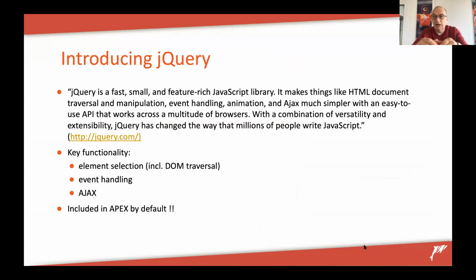For example, adding CSS with it, or adding functionality on it, click events on it, et cetera. And it's included in Apex by default, so it's already there. You don't have to do anything to get jQuery into your Apex application.